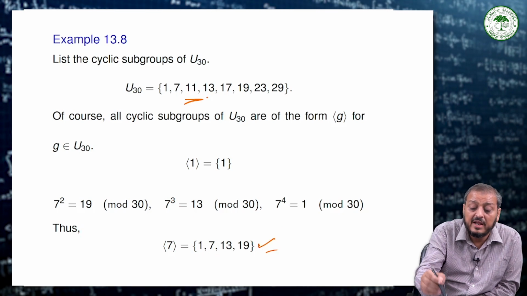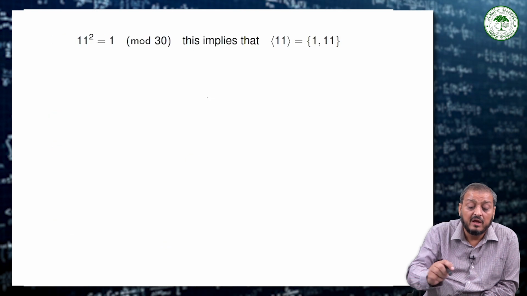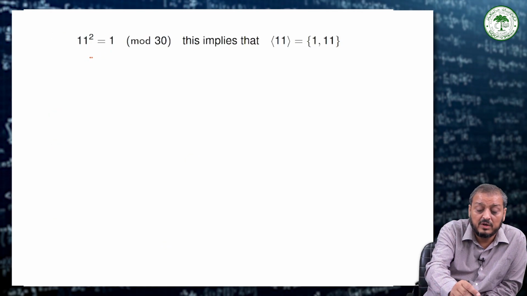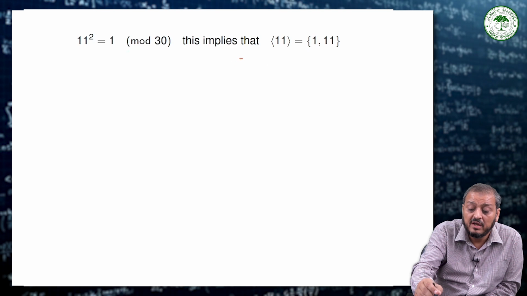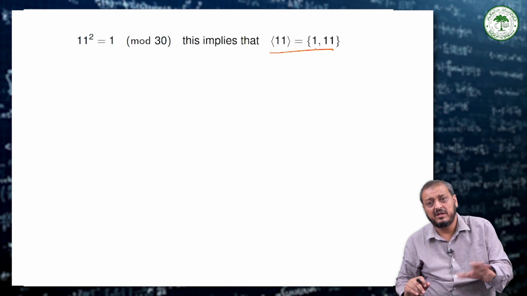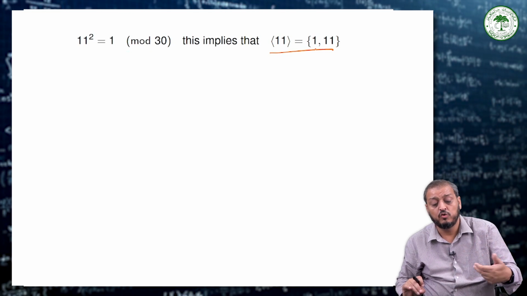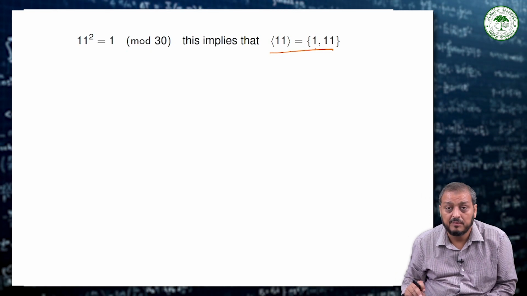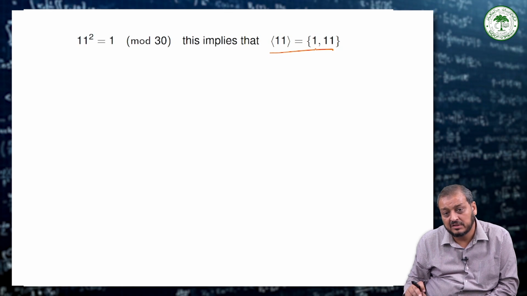Now we take 11. 11 squared is 1 mod 30, so it generates only 1 and 11.